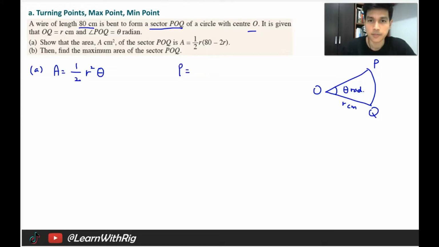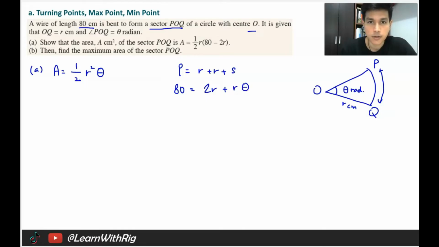So how do you find the perimeter? You get the 2 radius plus together, plus the arc length, PQ, right? I usually write S, okay, the arc length. So perimeter is 80 cm equals to 2r plus, so what is the arc length? Arc length is r theta, correct?